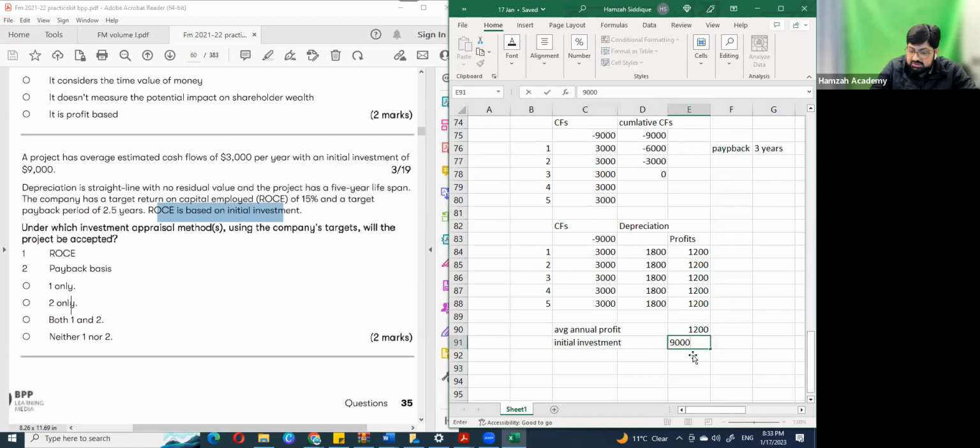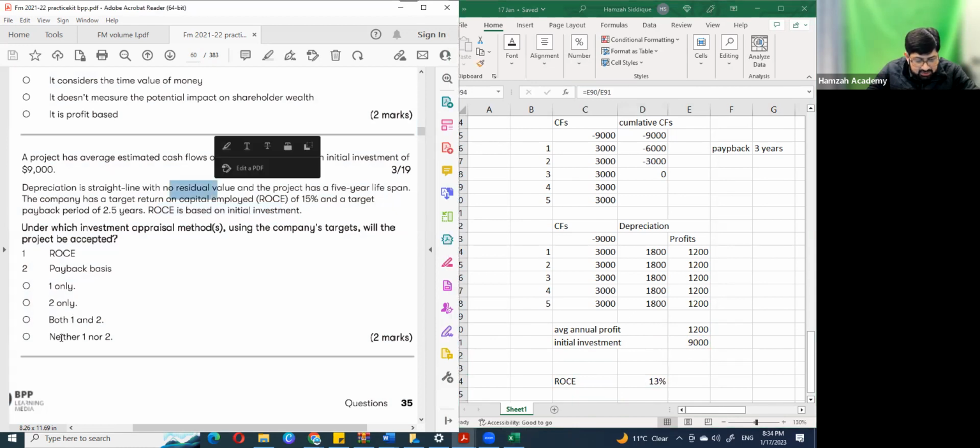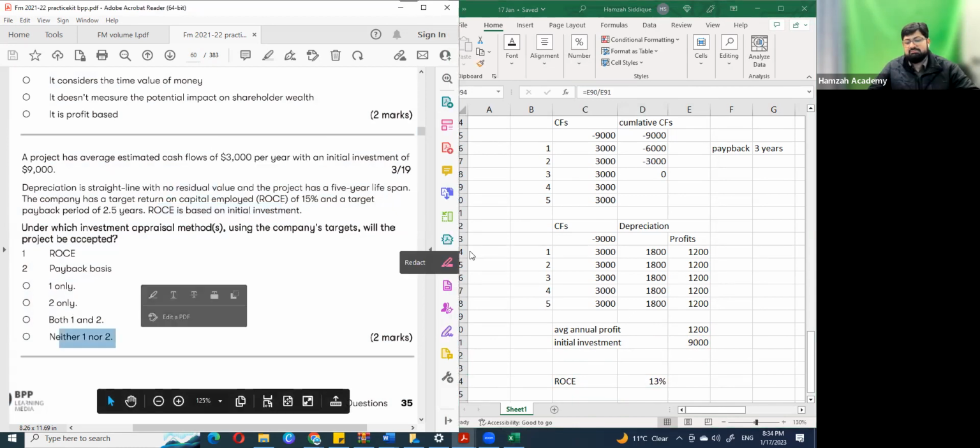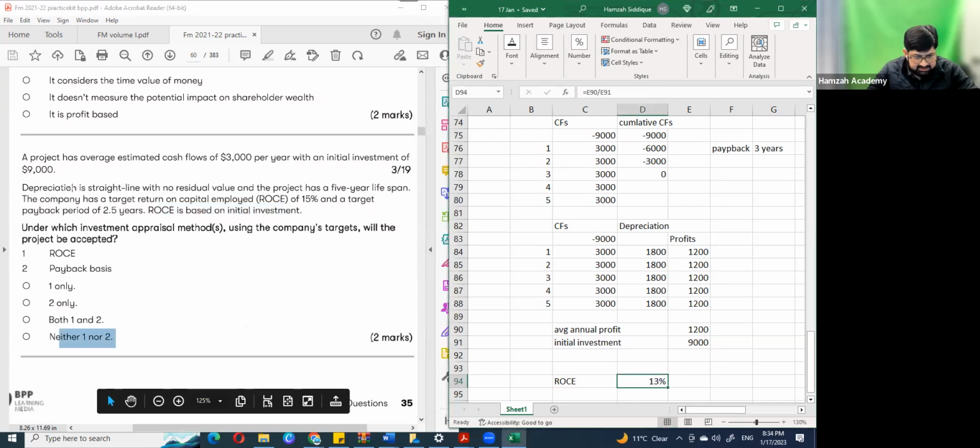Initial investment is 9,000. So ROS is 1200 divided by 9,000, which is 13.33%. It is less than the target, so neither accepted under payback nor under ROS. D is the answer.